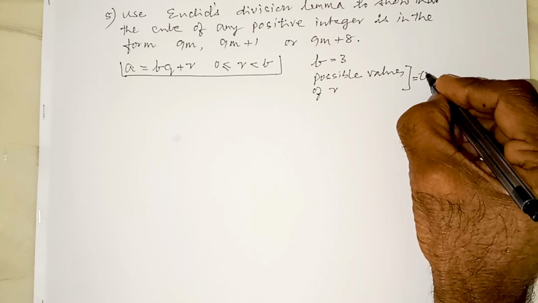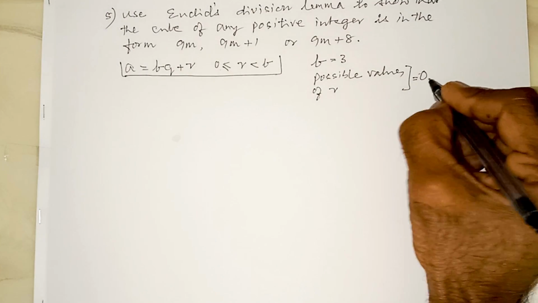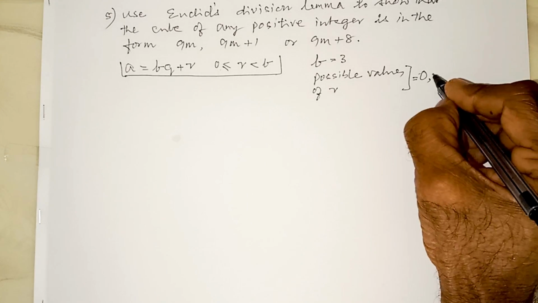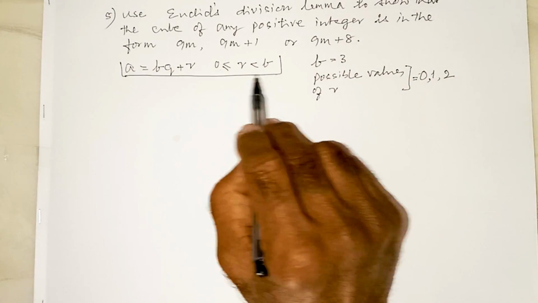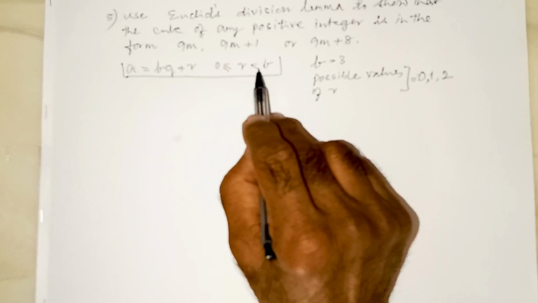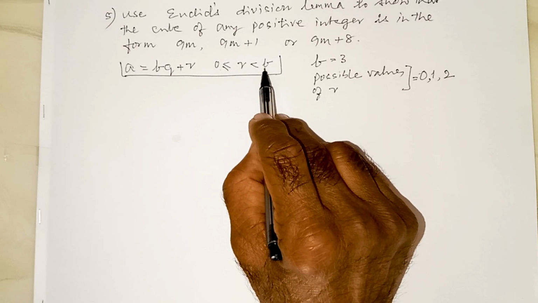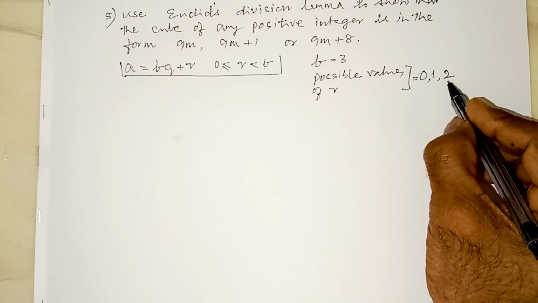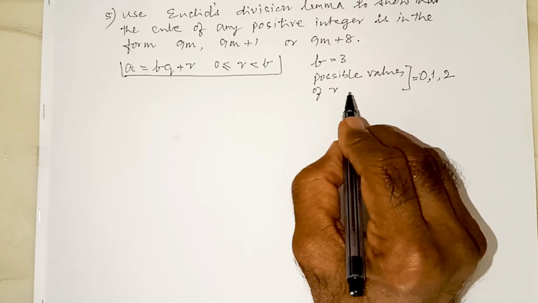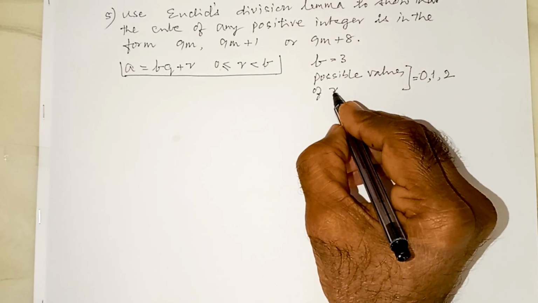So the possible values of r are 0, 1 and 2 only, because our value should never be more than or equal to b. Therefore, we can take 0, 1 and 2 as the possible values of r. r is the remainder.